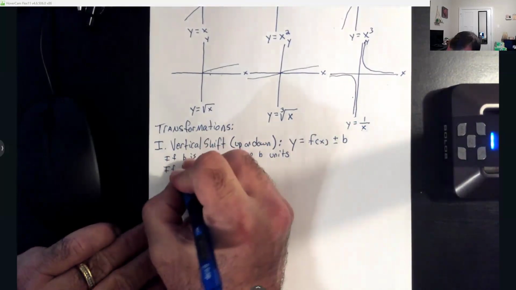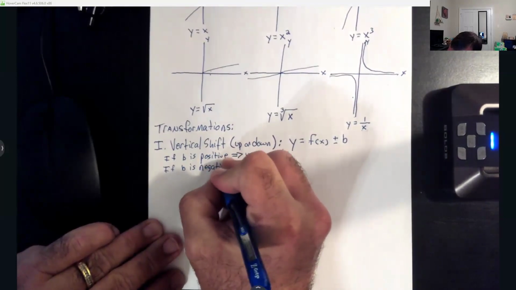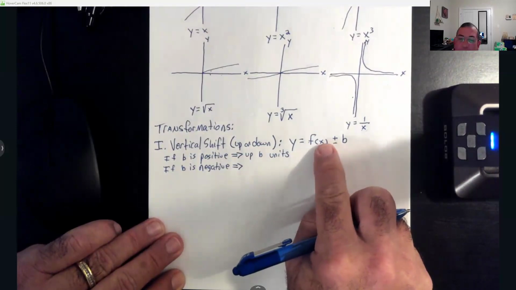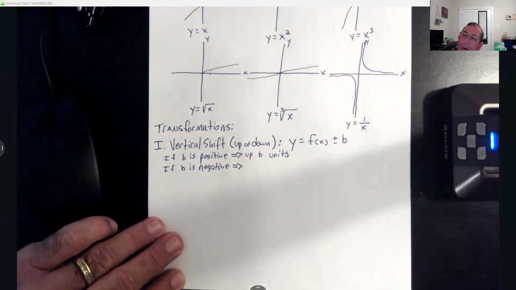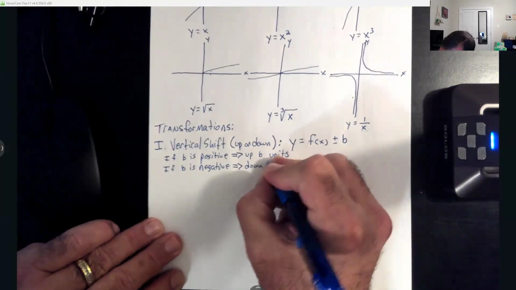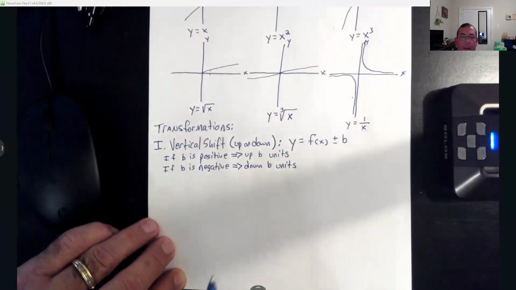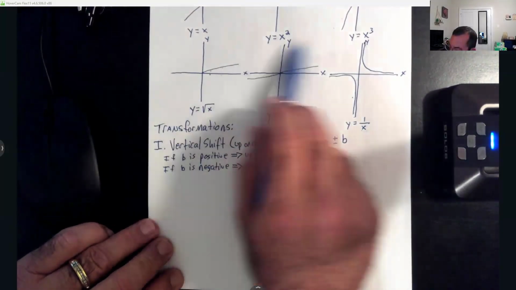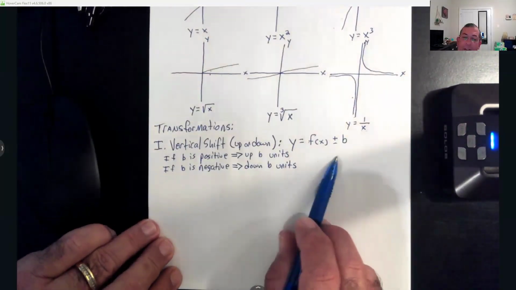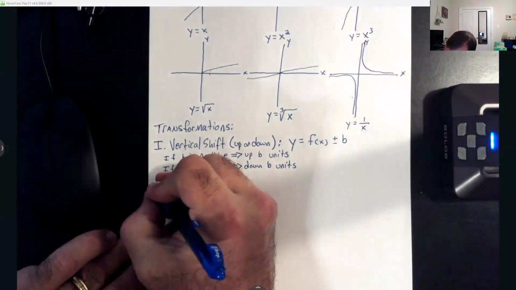Now, if that b is negative, well, if you're subtracting the number from the function, it's going to move it down b units. Okay, so they're just taking the function, which we got 6 of up here, and adding or subtracting from it, okay? That's going to move me up or down.